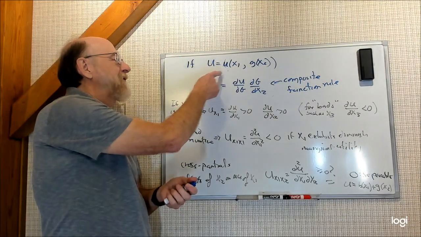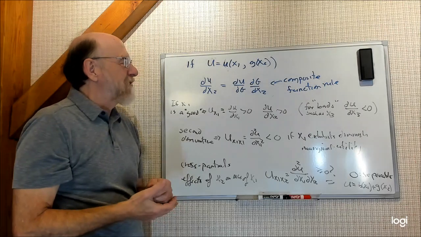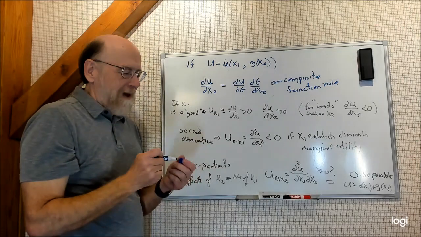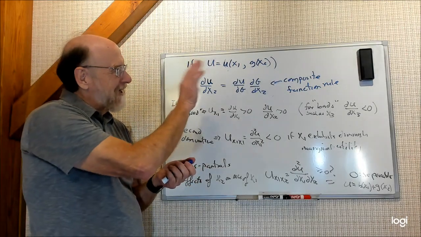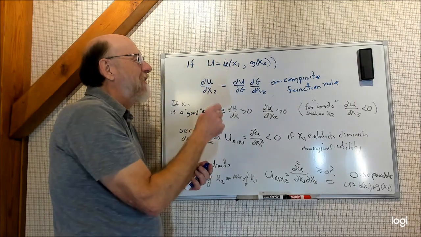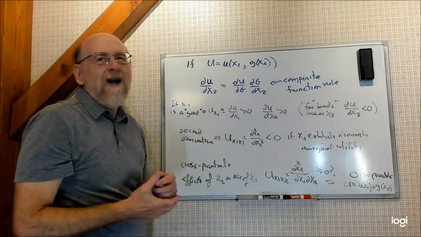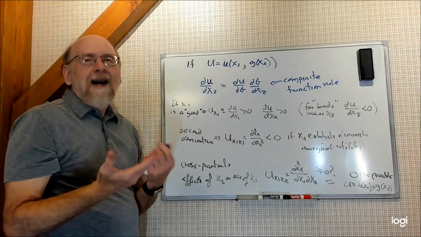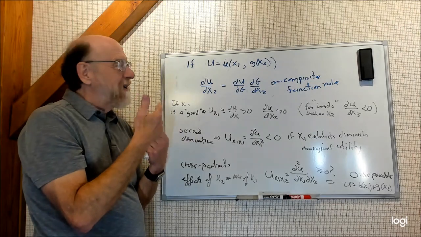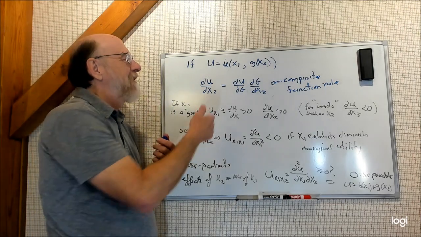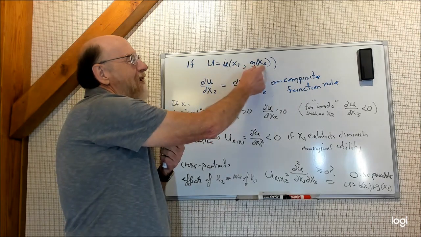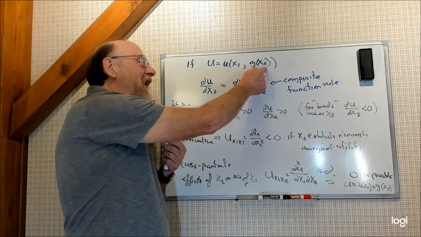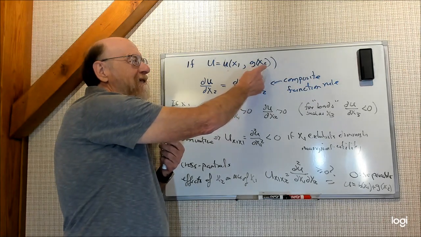Right, so I may still be interested in this partial derivative du dx. That's supposed to be a u. But it may be that x is not the direct argument in the utility function, and instead it's g, but g itself is a function of x. Okay, and so I can still find out what du dx2 looks like. But I have to first find the partial derivative with respect to this argument, which I've called g, and then I want to find the change in that argument, g, that's associated with x2.